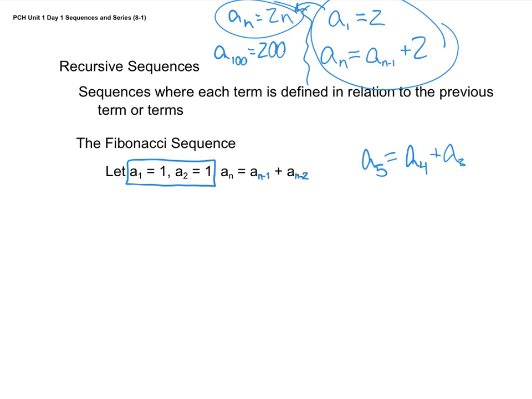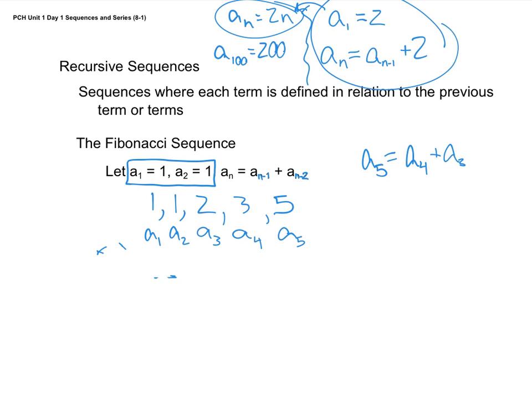So, let's think about this sequence. If each term is the previous two added up, and this is a sub 1 and this is a sub 2, what's a sub 3? 2. 1 plus 1 is 2. How about what's a sub 4? 3. It's 3. 1 plus 2 is 3. And how about a sub 5? 5. It's 5. Okay? 2 plus 3 is 5.